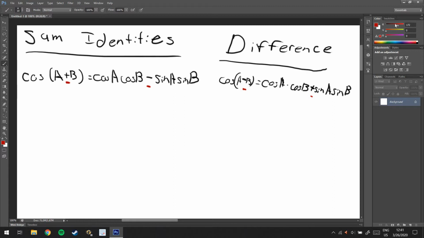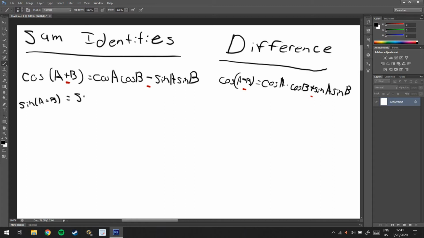We then also looked at the sine sum and differences. So sine of A plus B. For sine, we're going to keep the same sign, but the multiplication is going to be a little different.